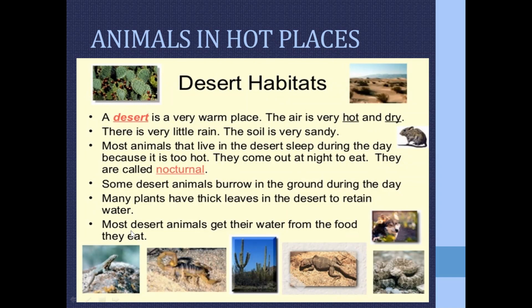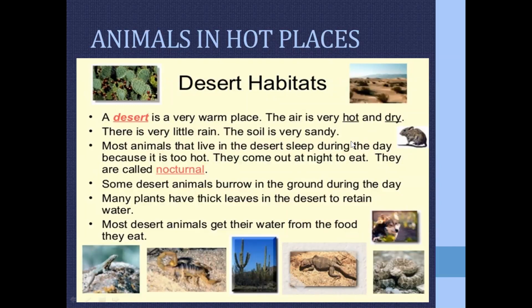Then, most desert animals get their water from the food they eat. Means their food is such a type of food which is also providing them water as well, because they have no source of much water.